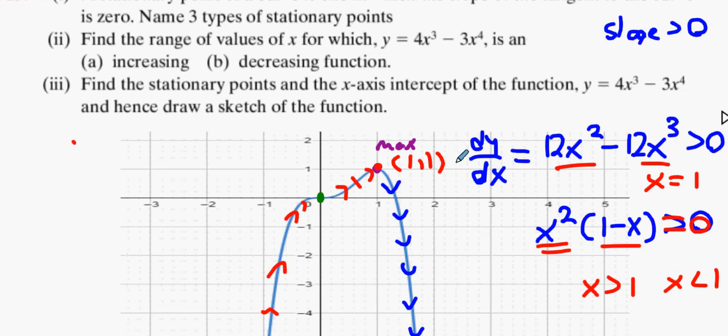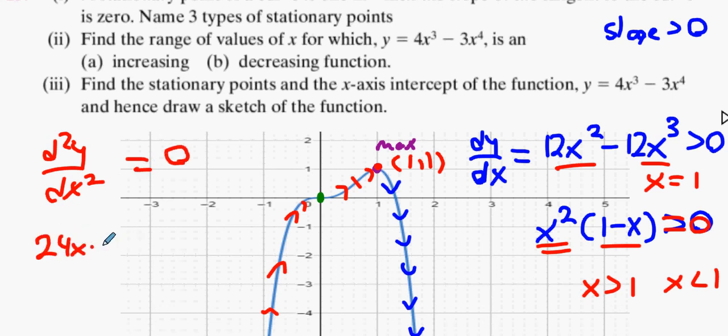Second derivative equals 0. 24x minus, what's it? Is that right? Oh, sorry, 36x squared equals 0. Is that correct?